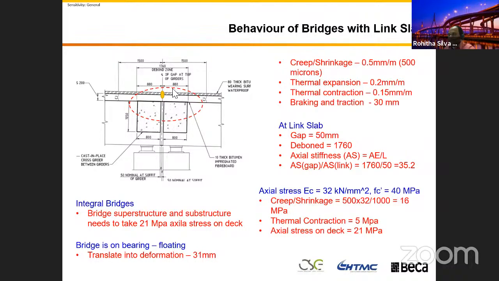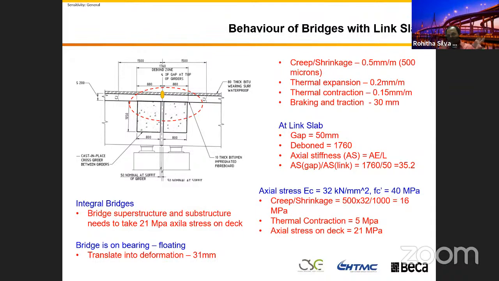If I compare the axial stiffness, if your gap is less, because it's inversely proportional to your length, then if the gap is 50 and the debonded length is 1.76, you can see the axial stiffness of the gap versus the length. The axial stiffness of the gap is 35 times higher than the artificially created link slab within the deck, right?